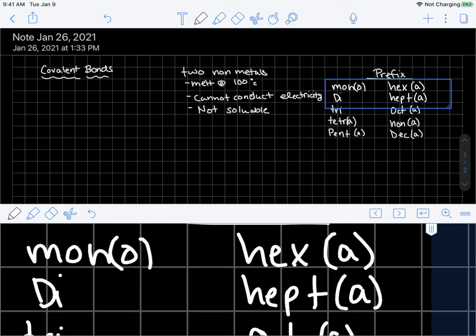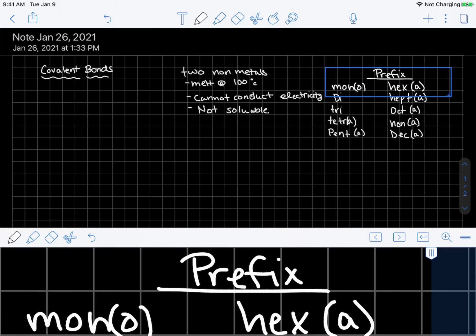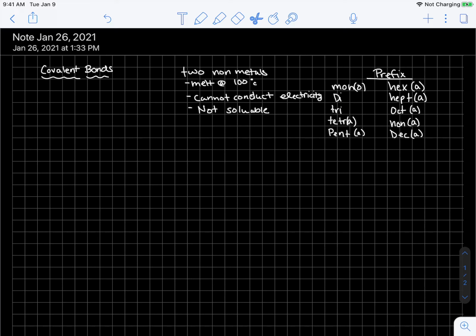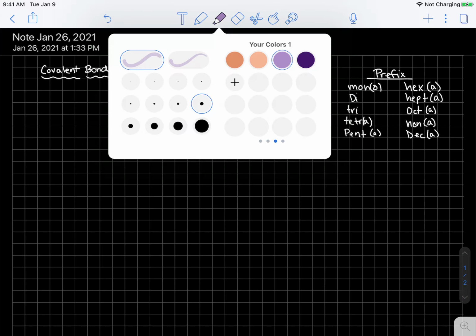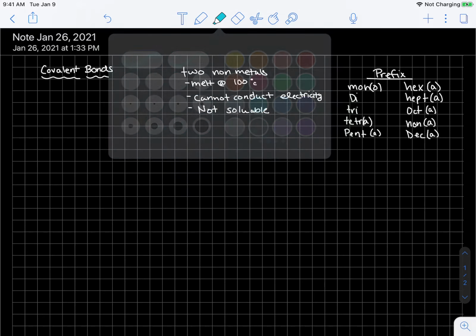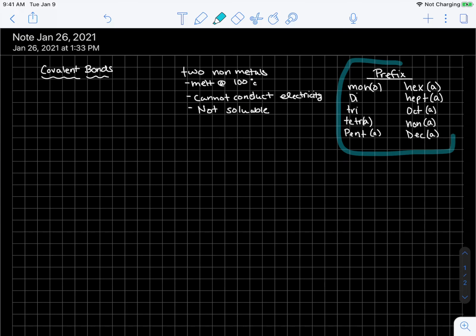So they're in numerical order. They each represent the amount of the nonmetal that I have in the bond. So again, memorize these prefixes.